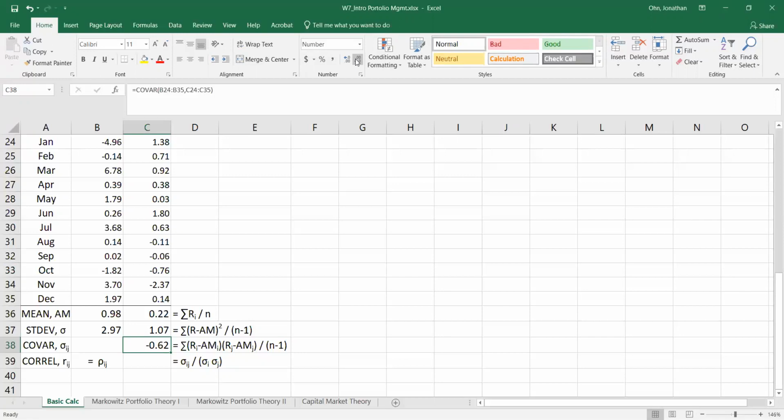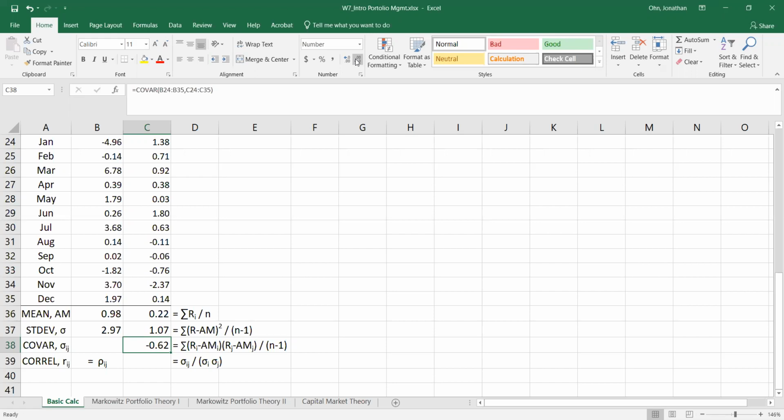I told you covariance measures the co-moving pattern of these two portfolios. We have two measures for that: two measures of the co-moving pattern between two portfolios or two stocks. One is covariance, the other one is correlation. Covariance shows the positive or negative sign. A positive sign means these two stocks or portfolios tend to move in the same direction.